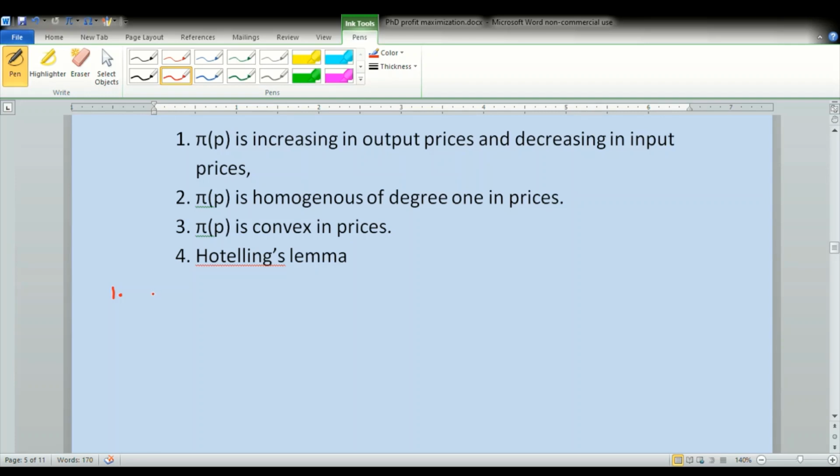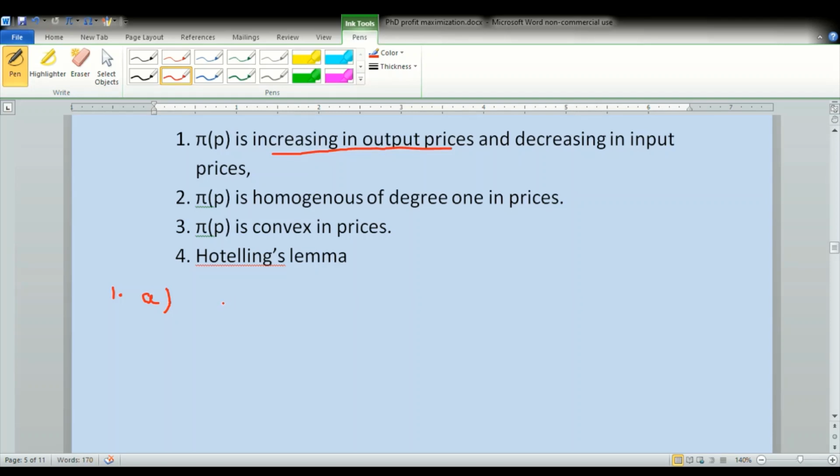So our proof actually will be having two parts. Let's call part A the one associated with the fact that the profit function is increasing in output prices.